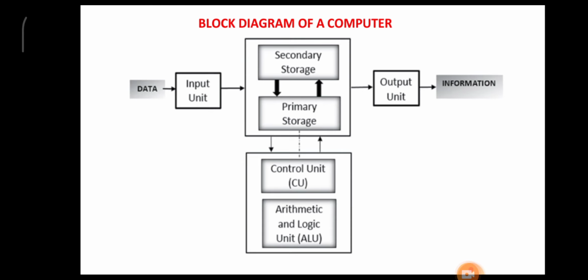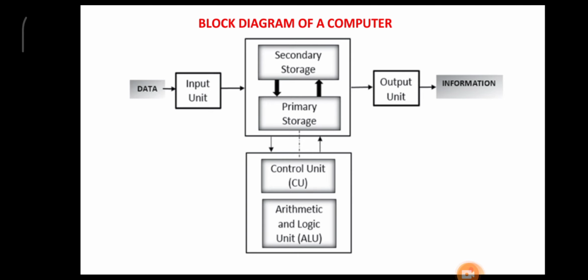So as soon as 2 plus 3 is typed, the input unit passes on those numbers to the primary storage, which is RAM. RAM then transmits it to the central processing unit. As you can see in the box below, the central processing unit has a control unit and an arithmetic and logical unit.